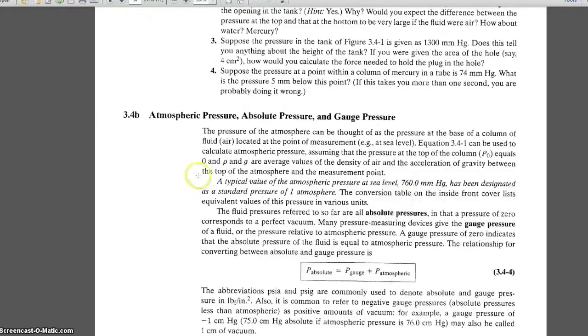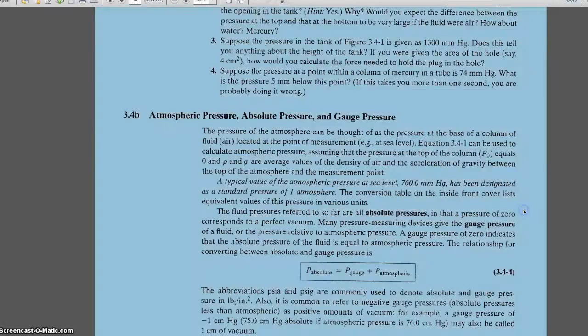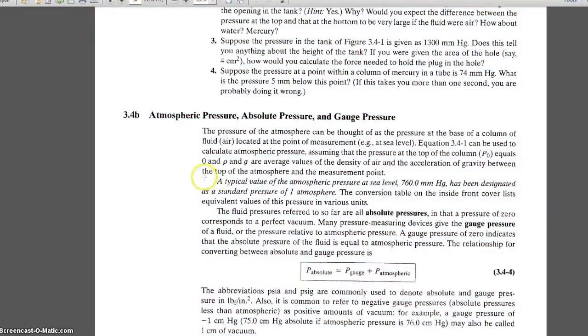There you go. A typical value of atmospheric pressure at sea level is 760 millimeters of mercury, and it has been designated as the standard pressure for 1 atmosphere.